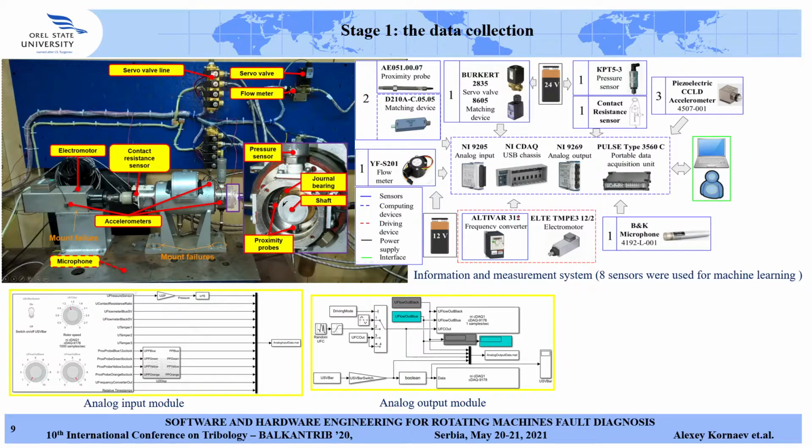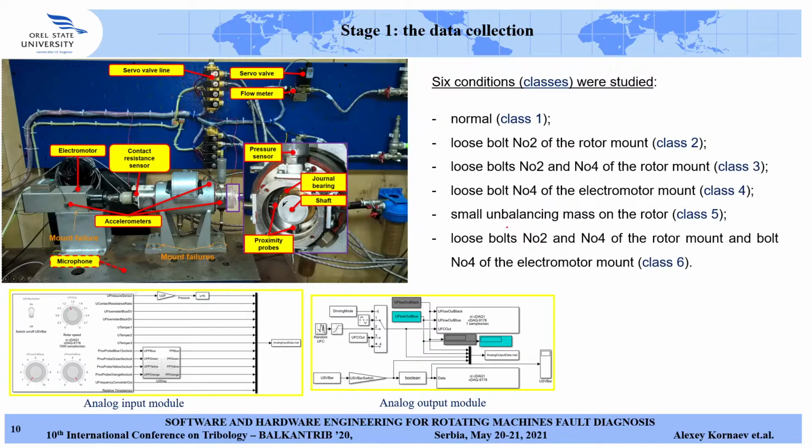They were all connected in a measurement system based on a National Instruments chassis and a Pulse Type C vibration analyzer. We studied 6 classes of rotor machine condition. The first class is normal, when everything was fine. Then we studied several classes of mount failures.